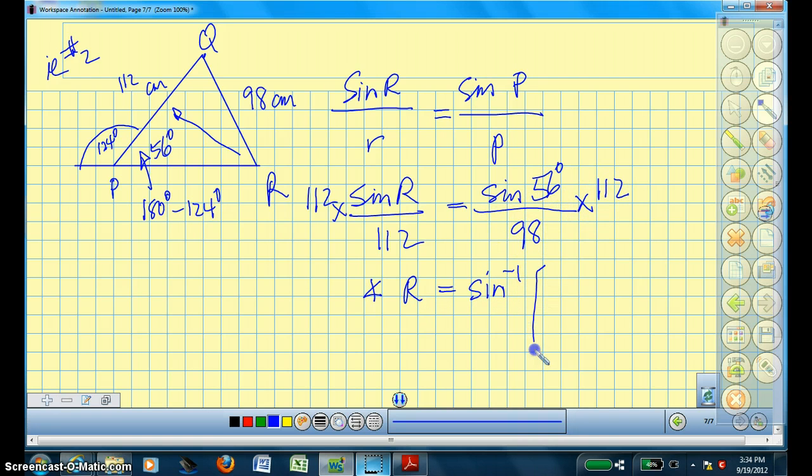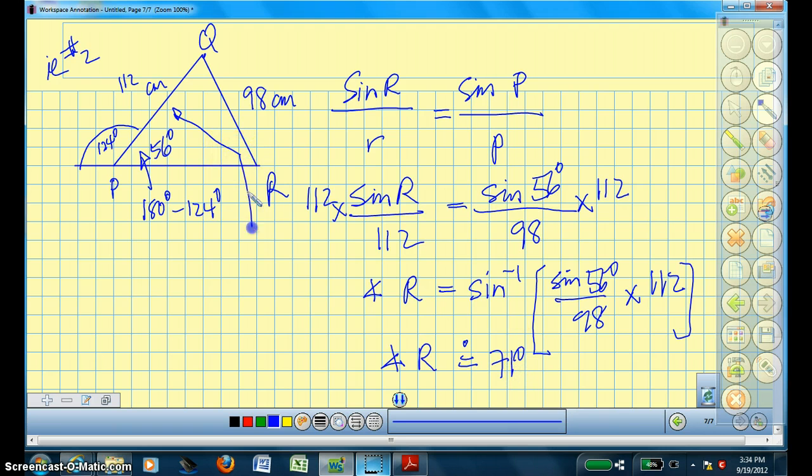So you need to put in brackets sine 56 degrees divided by 98 times 112. Okay. When you do this calculation, the angle R ends up being approximately 71 degrees.